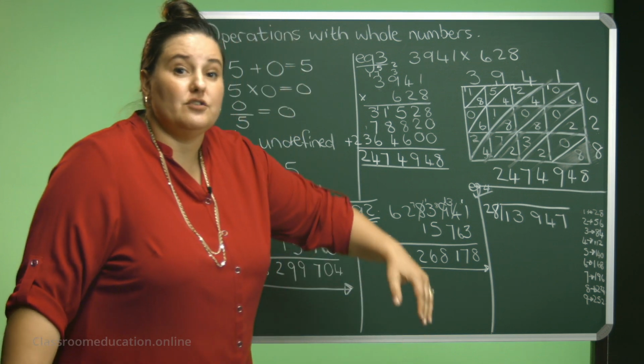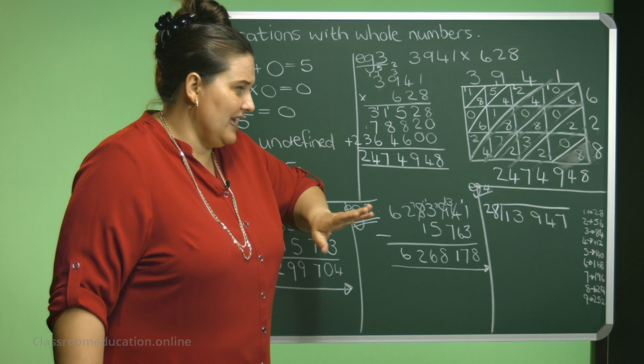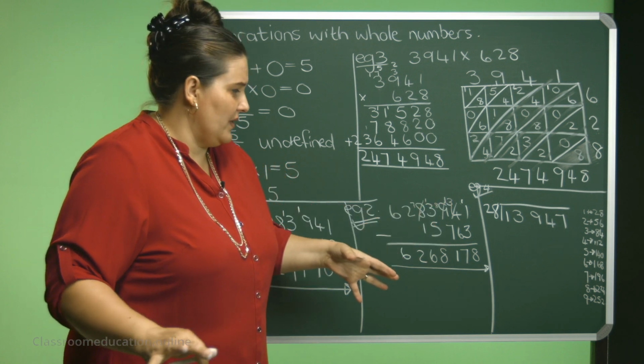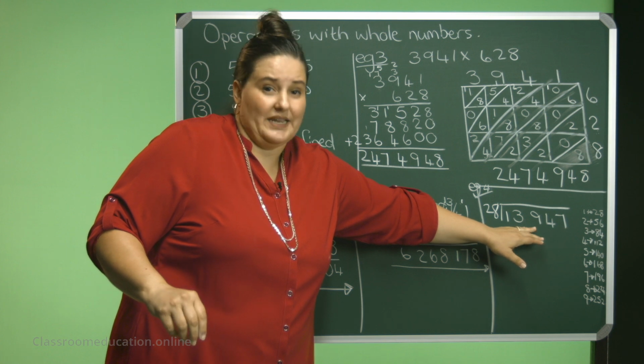You only have to do up till 9 because if you have to do up to 10, that's not going to work like that, okay? You will not be able to divide into that more than 10 times.